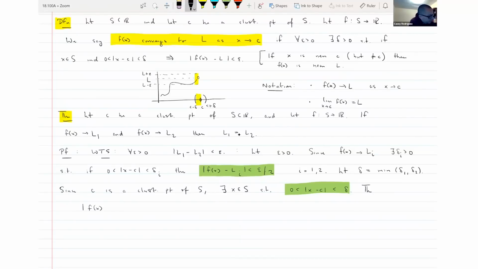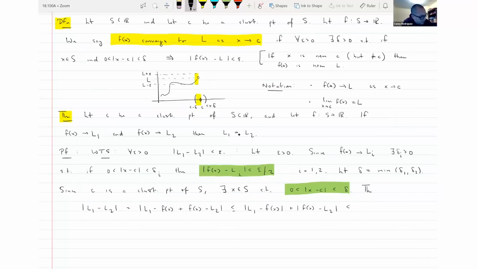And I get |L1 minus L2|, which is equal to, if I add and subtract f of x, and now use the triangle inequality, and use the inequality that's in green, |f of x minus L1| is less than epsilon over 2.